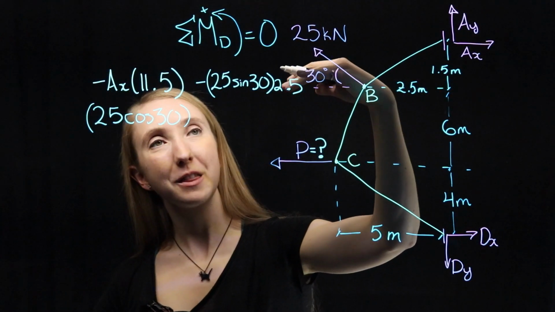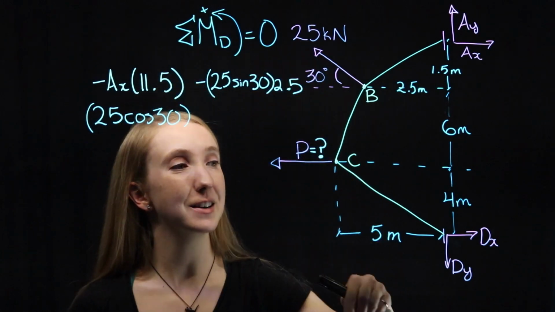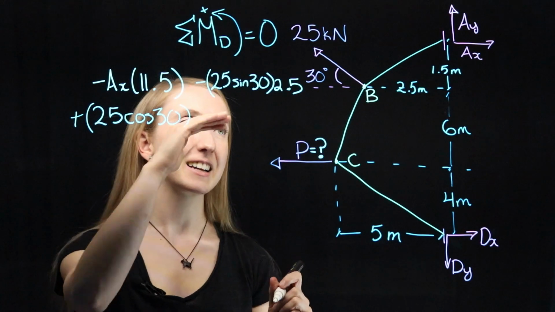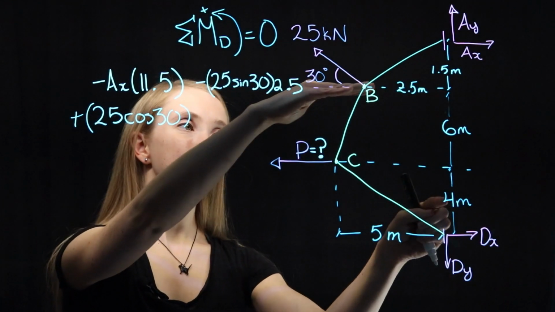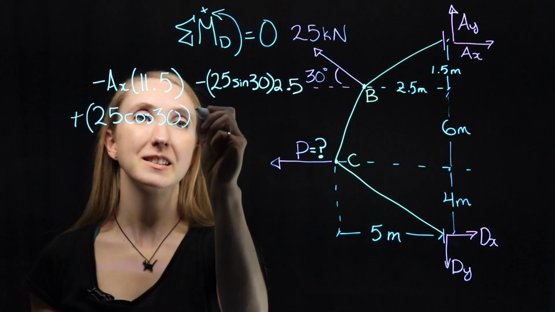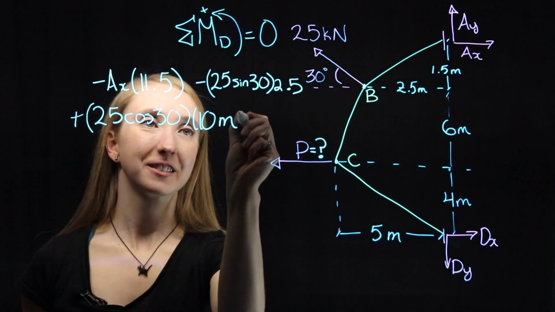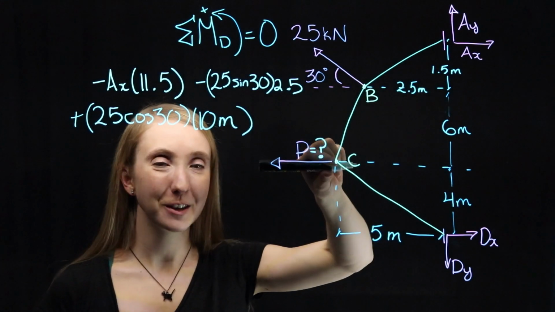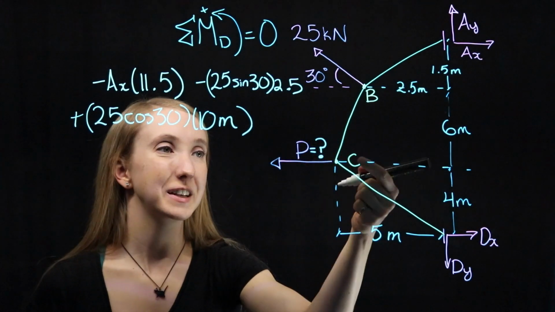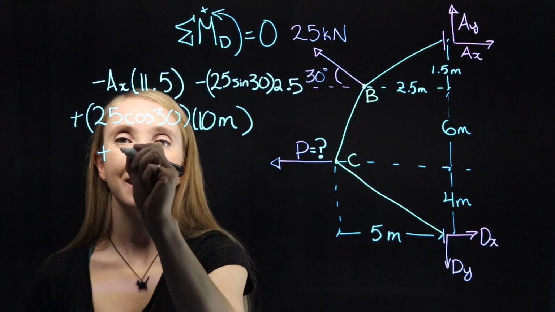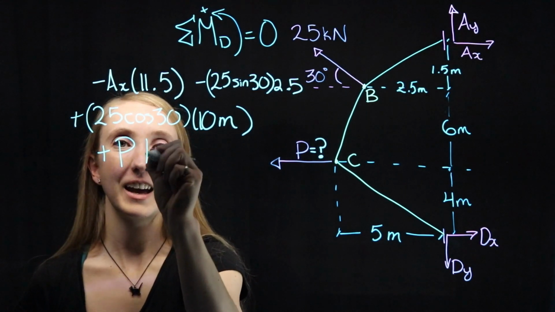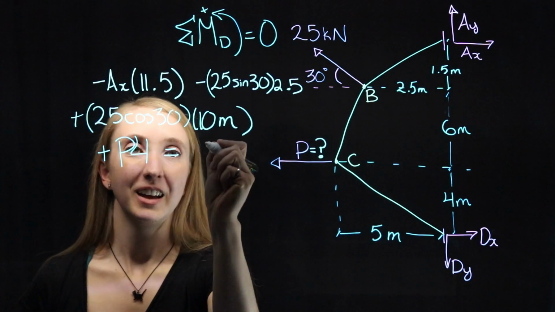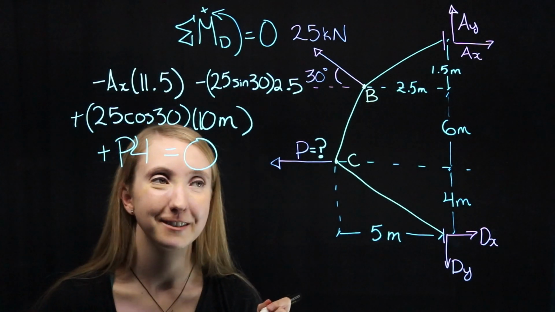If I were to pull this way, it would cause a positive rotation about D, and it acts at a distance of 4 plus 6, which is 10 meters. Lastly, we've got our horizontal force P at joint C, and it again is positive and acts at a distance of 4 meters from point D. And all of that will equal 0.